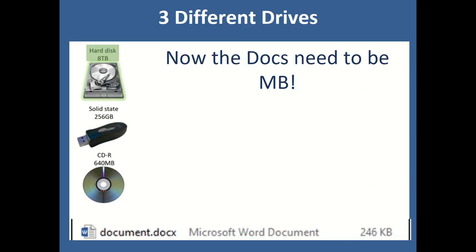But the docs also need to be in megabytes. 246 kilobytes equals 0.246 megabytes. See how we've divided it by 1000?